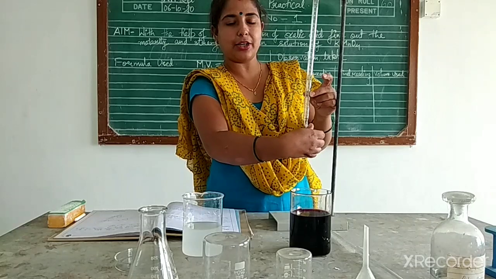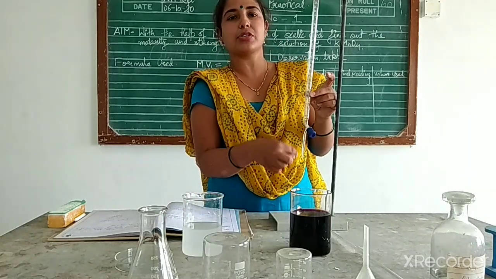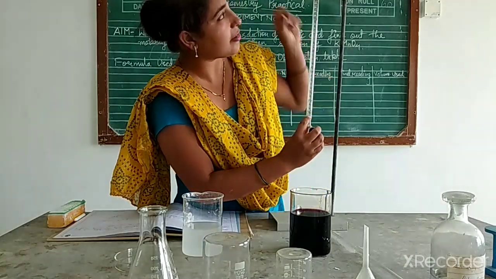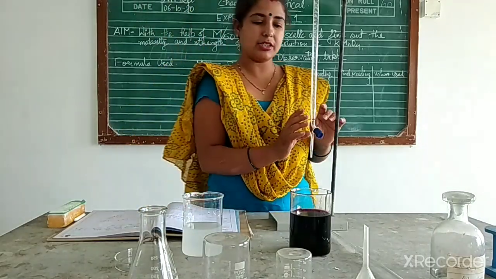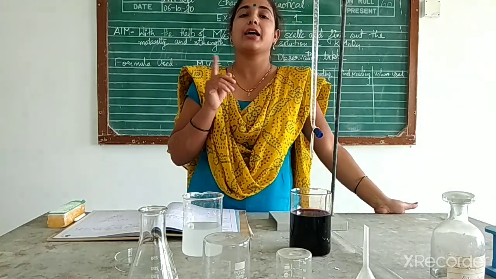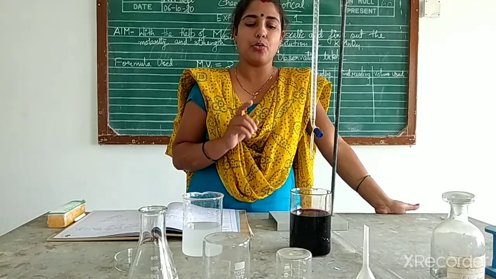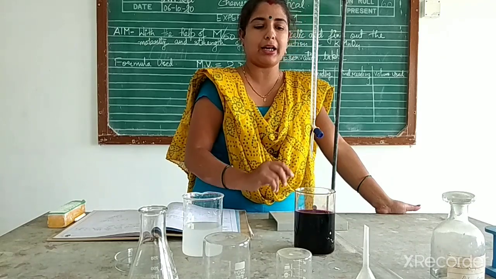By opening the knob, the liquid which is filled inside the burette flows down dropwise. On the burette there are readings from 0 up to 50. This burette will contain that liquid whose molarity is unknown. So the unknown solution for us is potassium permanganate.